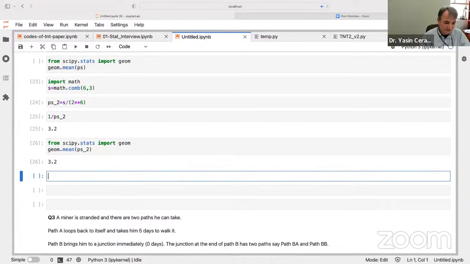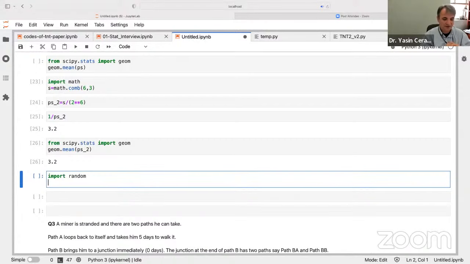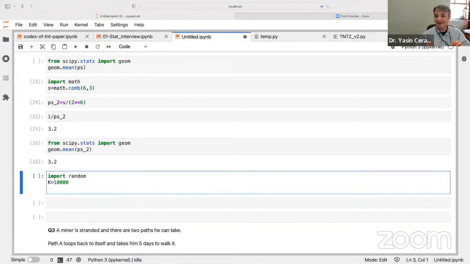Now let's simulate it. For the simulation, I'm going to be using the random library again. I'm going to repeat this experiment 10,000 times. In each experiment, I'm going to count the number of times it takes to form a team, similar to what I did earlier. In this case, 10,000 is like 10,000 people.